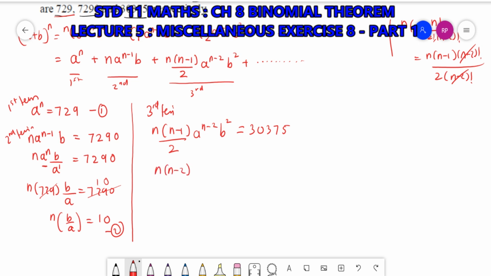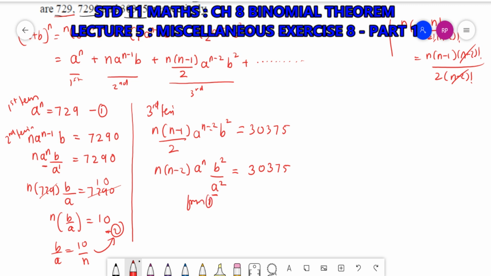Now a raised to n minus 2 means a raised to n, b square upon a square, since minus 2 goes to the denominator. This will be equal to 30375. Now from equation 2, can I write B by A equal to 10 by N? Let's name this as 2. So B by A is 10 by N, and I will put it here.